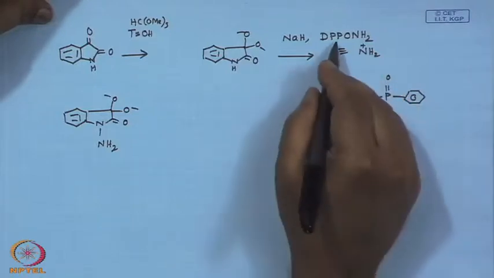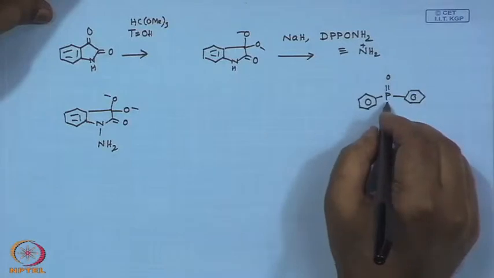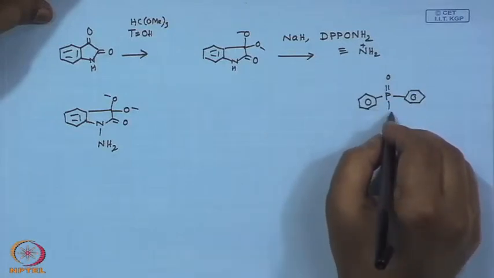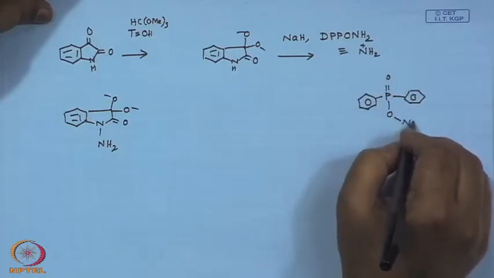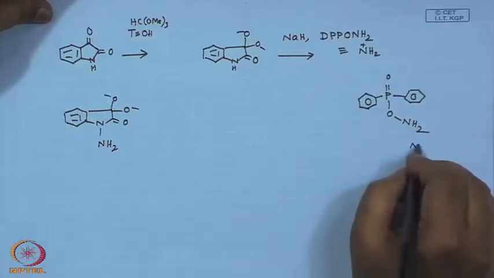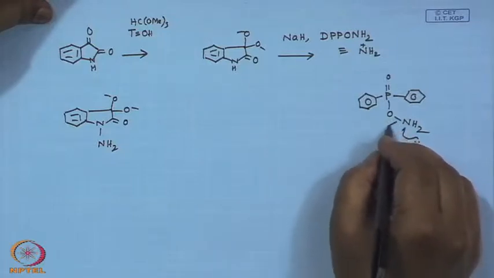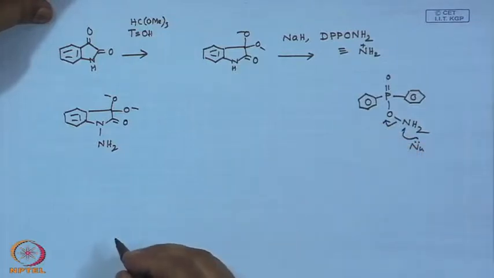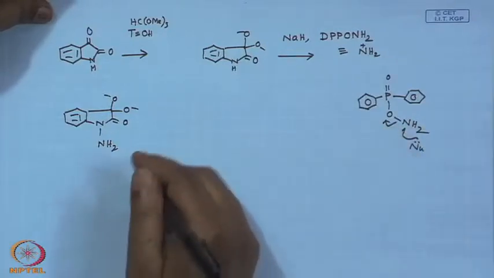Diphenyl and the third alphabet is phosphinyl, and this is O and hydroxylamine. This is the structure. So, when a nucleophile attacks this nitrogen, this diphenyl phosphinate group comes out as the leaving group. It is a pretty useful one.